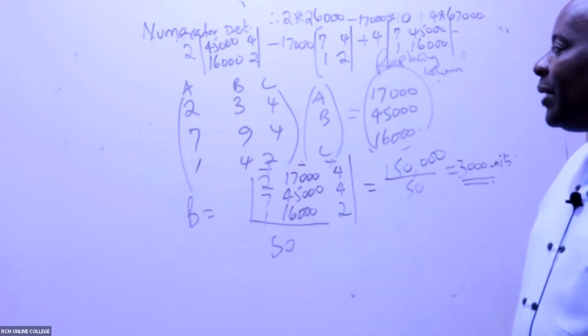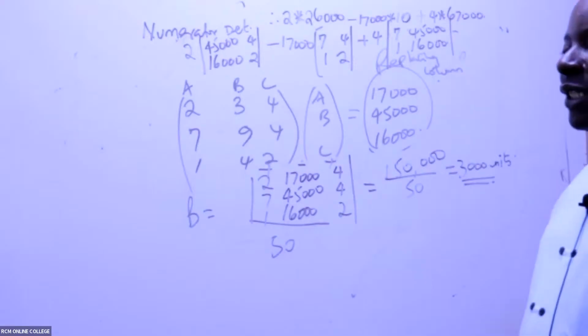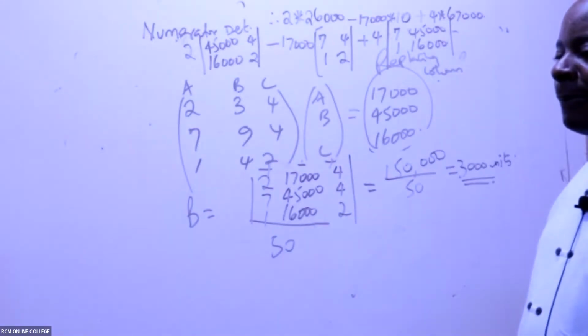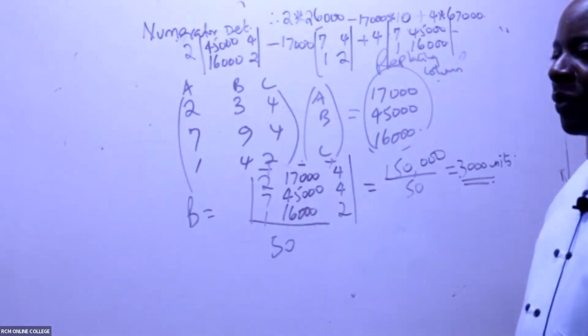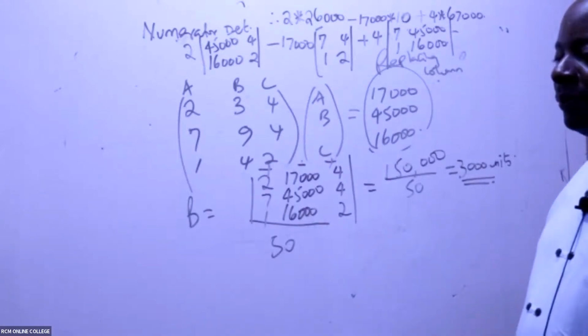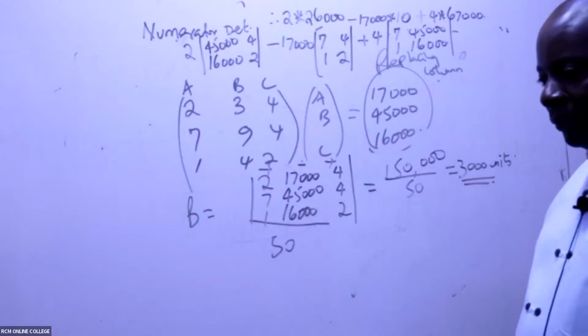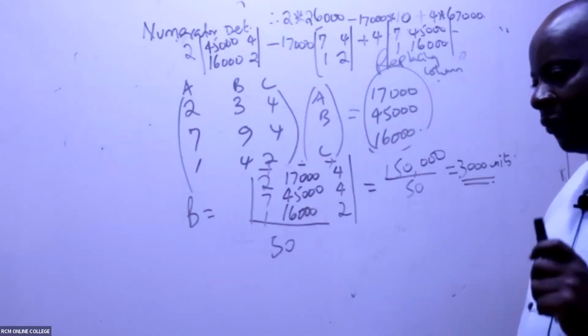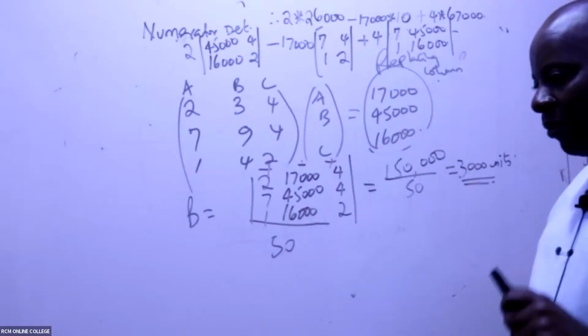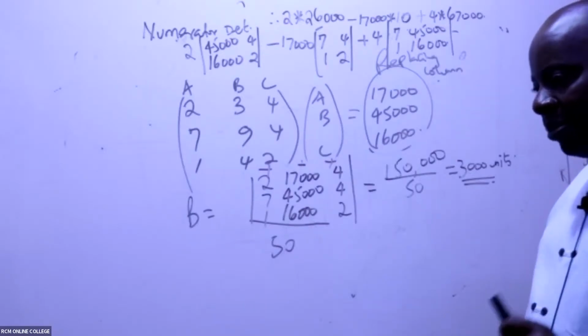So has anybody been able to finish this and give us the value of C? The moment you understand that if you are after C, then the column of C must disappear.